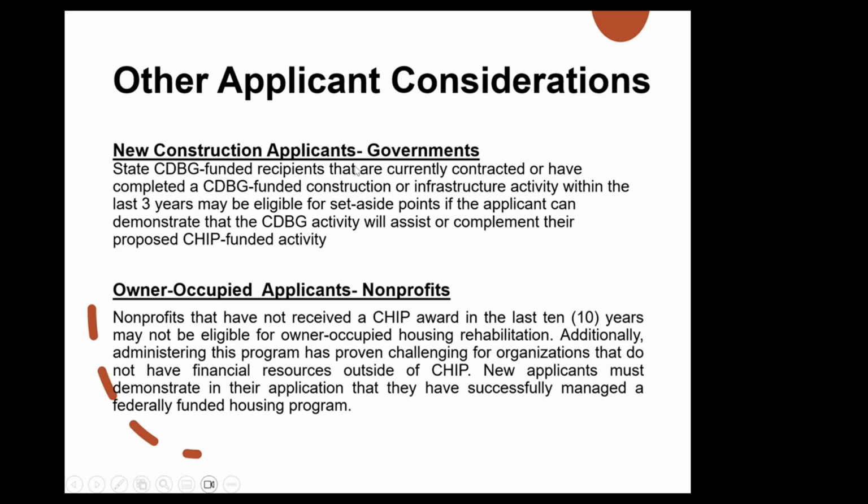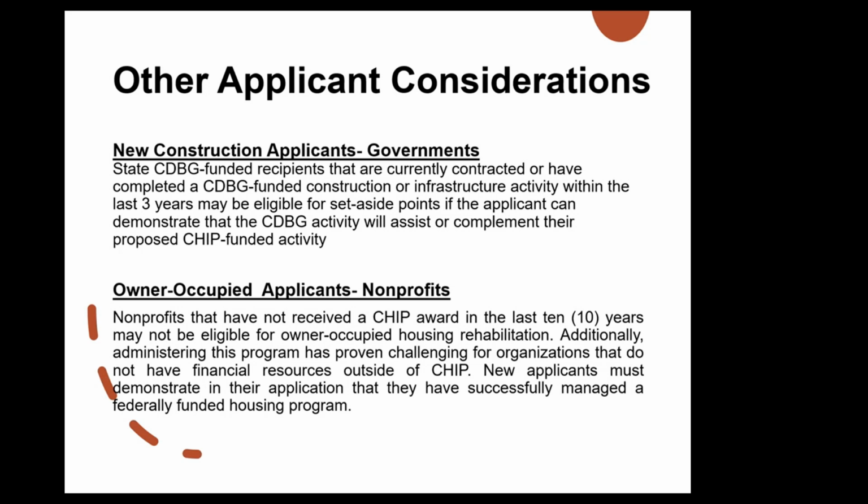So for new construction applicants, we want to encourage our state CDBG funded recipients to apply for new construction so that they can use their infrastructure. Maybe if they receive a CDBG infrastructure award, that they can use that for site development and then use the CHIP funding for construction.